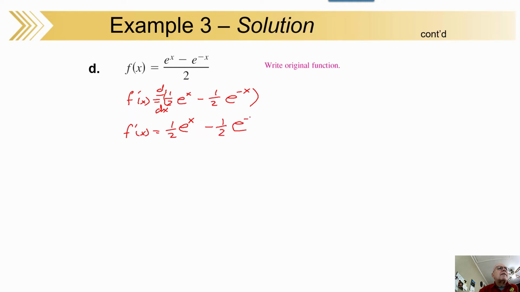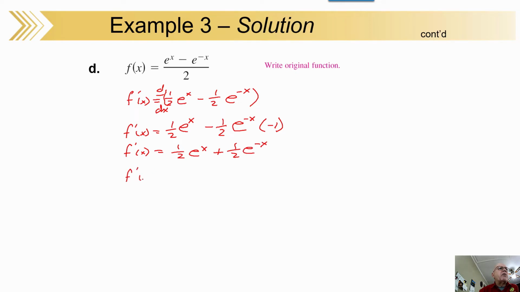Got e to the minus x, but this is not just x, so we have to take the derivative of the minus x. And there's your minus 1. A little bit of a cleanup or simplification. 1/2 e to the x, and this minus and the minus cancels out, plus 1/2 e to the minus x.